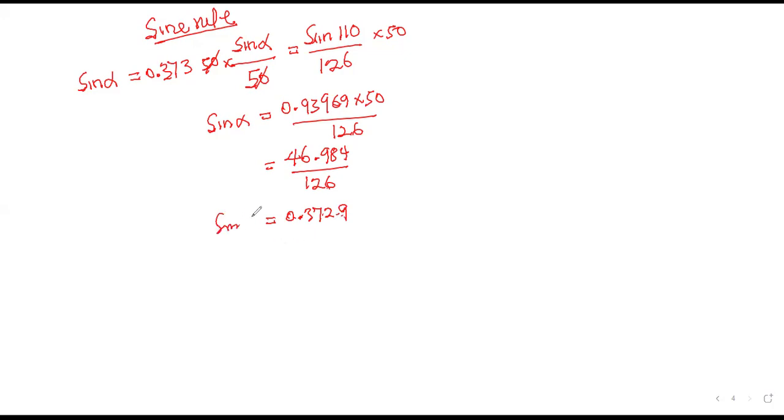Then to find the angle, you just take sine inverse. On your calculator, you press shift sine and then input your decimal value. Shift sine of 0.3729, and we have 21.89, which is approximately 22 degrees.